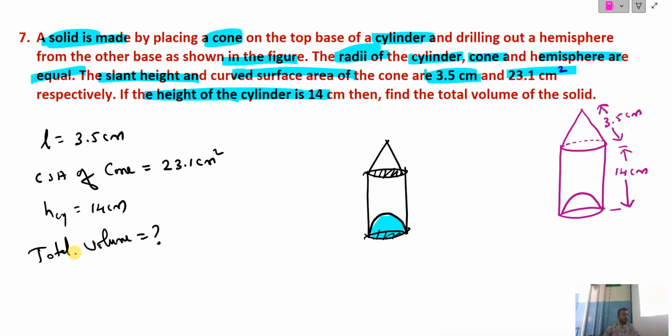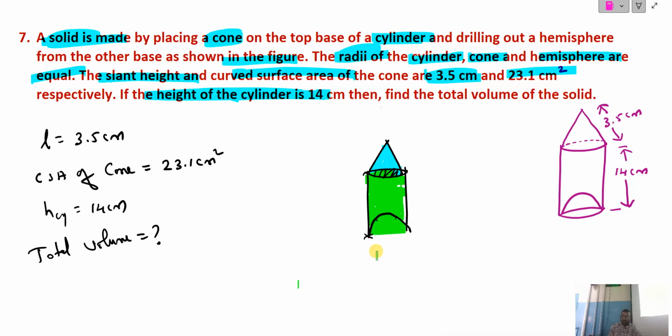Now in case you want to find the volume, observe here. This much part is removed, right? If we are removing this much part, it means this much volume has been removed. Earlier we had this complete cylinder.